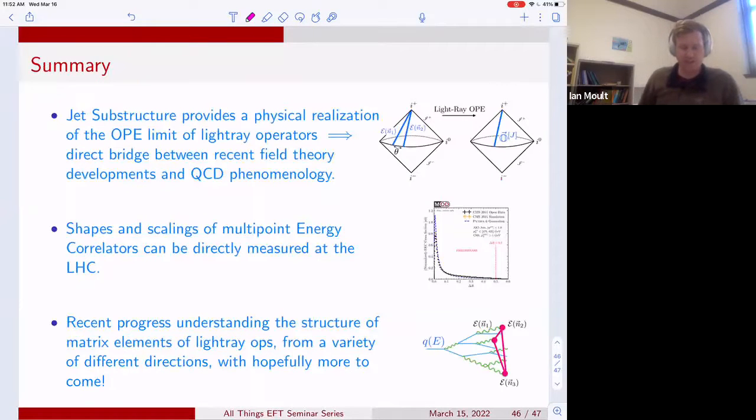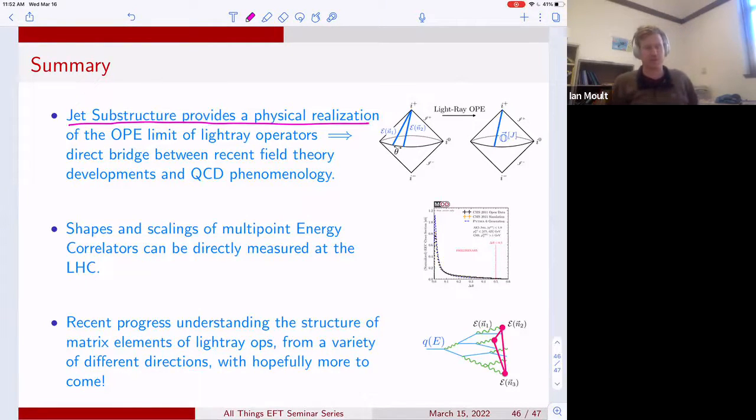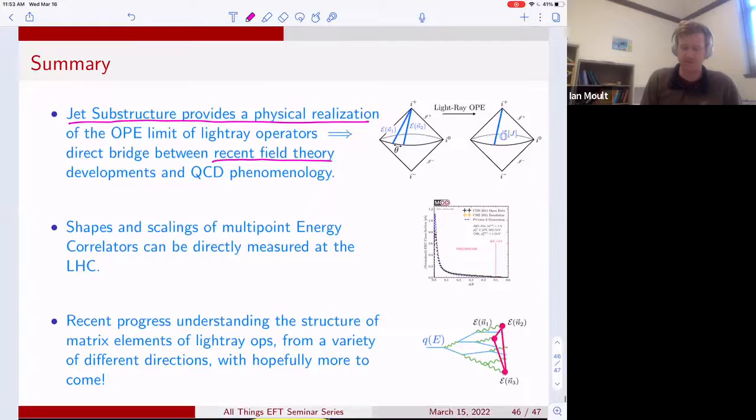Just to conclude, one thing which I hopefully convinced you of is that jet substructure essentially provides a physical realization of this operator product expansion limit between light ray operators. By formulating it in this way, it builds a direct bridge between a lot of these recent field theory advances and real world QCD phenomenology.